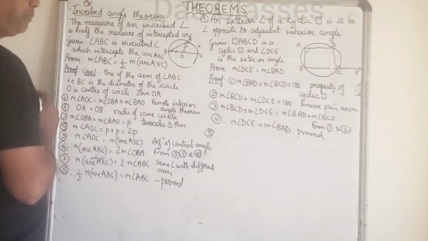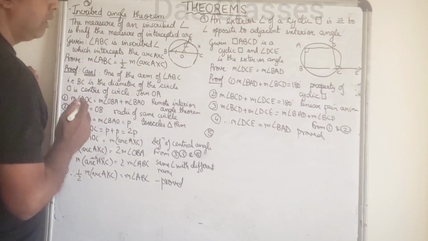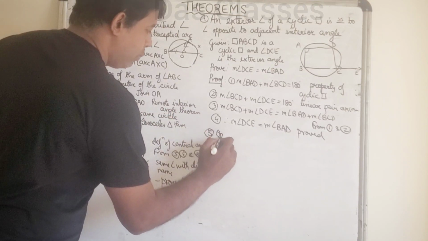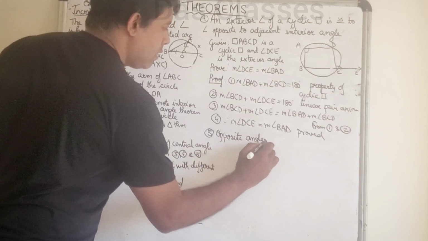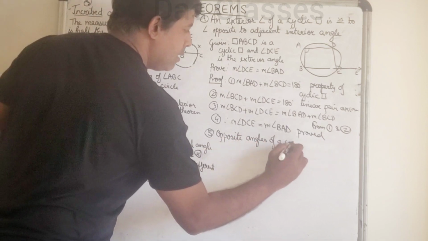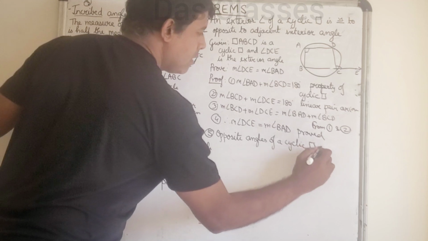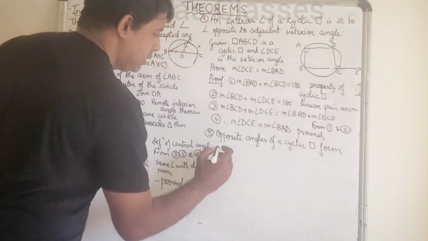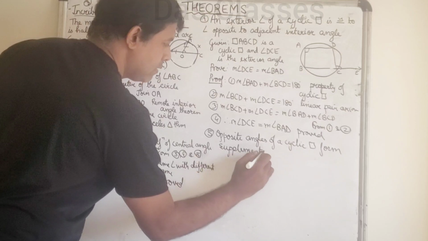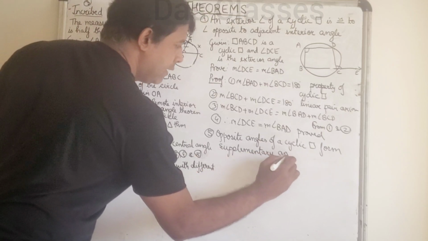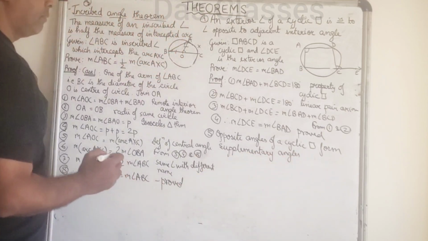5th proof is that opposite angles of a cyclic quadrilateral form supplementary angles. Supplementary angles.